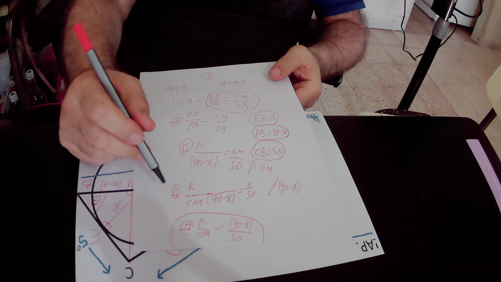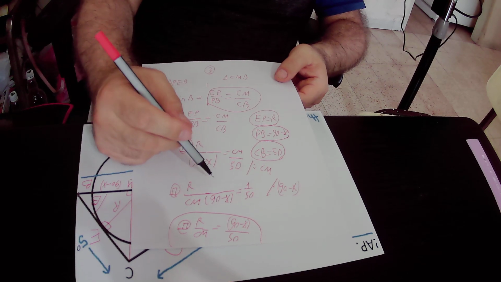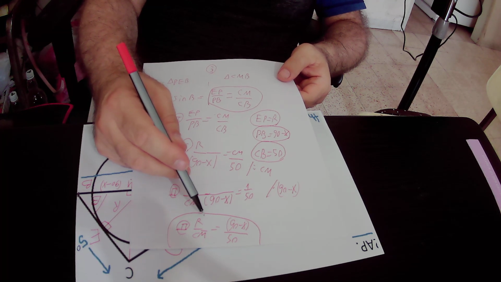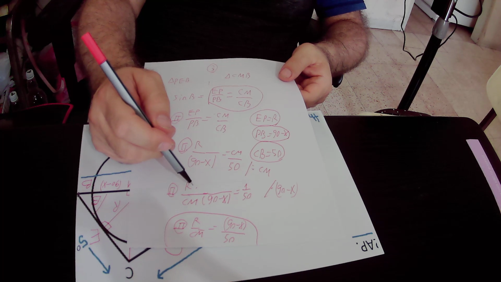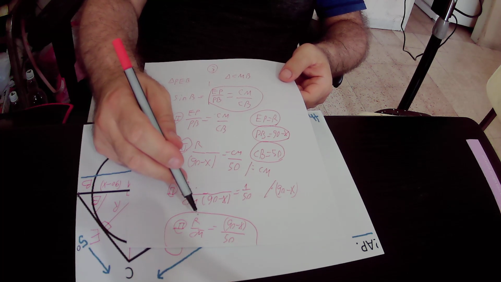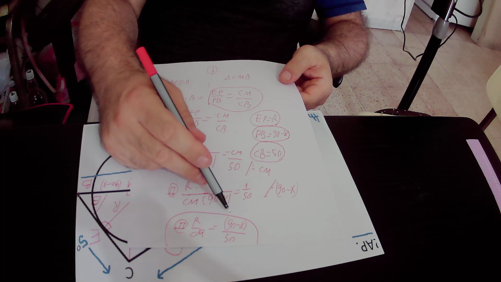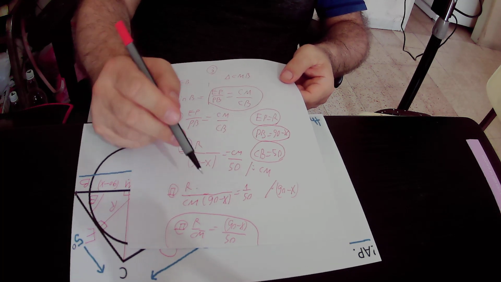So 90 minus x divided by 90 minus x is 1. 90 minus x is cancelled on this side of the equation, so we are left only with R over CM, and 1 over 50 times 90 minus x equals 90 minus x over 50.